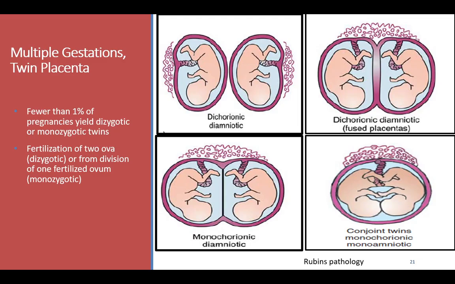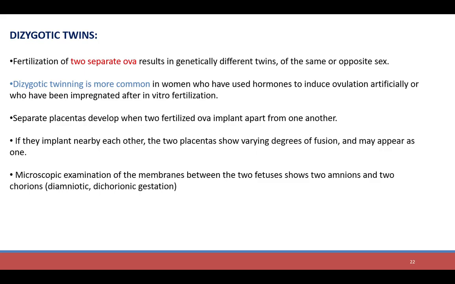So it depends on how we see the twins or the placenta. The dizygotic is more common in women most of the time. Actually, with dizygotic twinning, most of the time there is a history of taking hormones, and it's common nowadays.